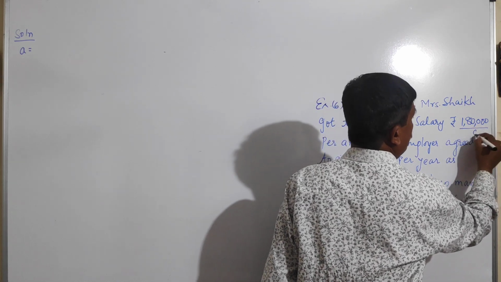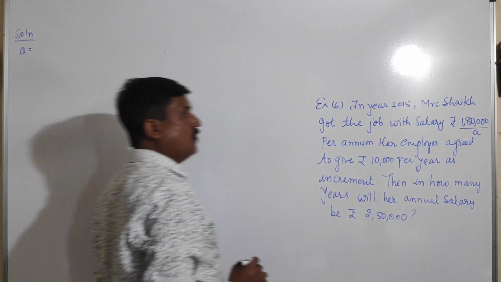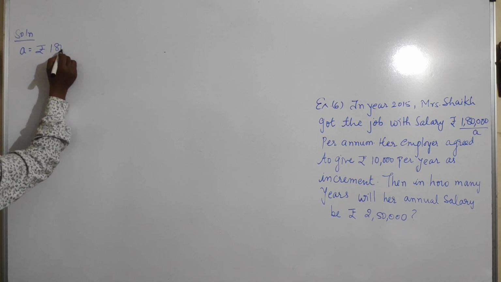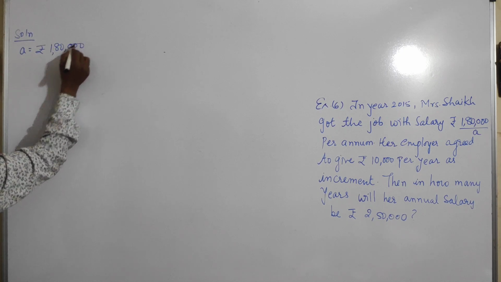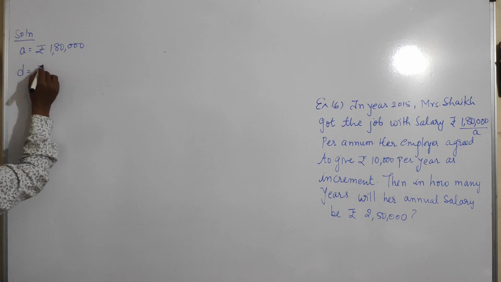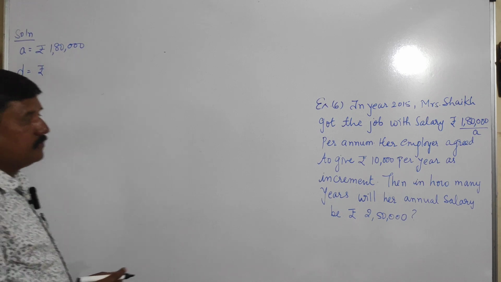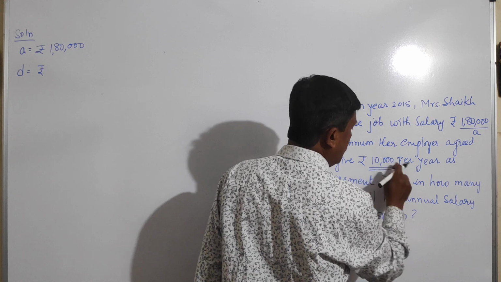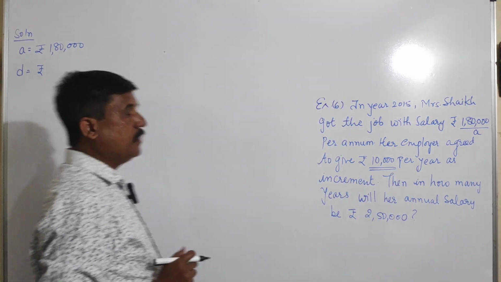This is the value of A. What is the value of A? Rupees 1,80,000. D. D means what? What is her increment? This is D. 10,000 per year.